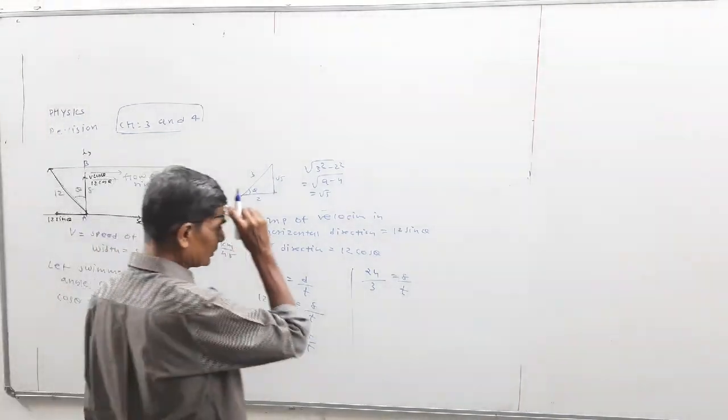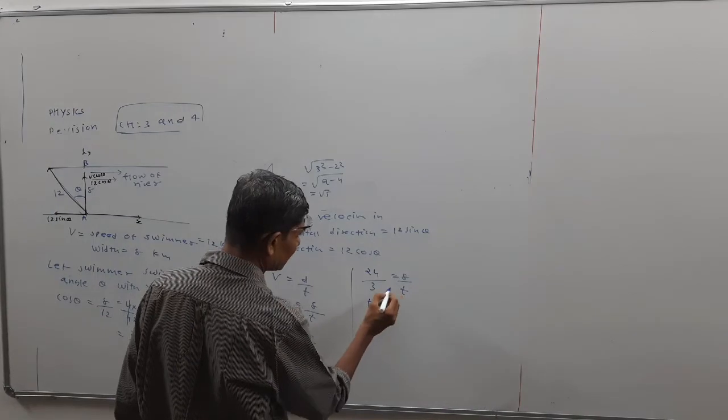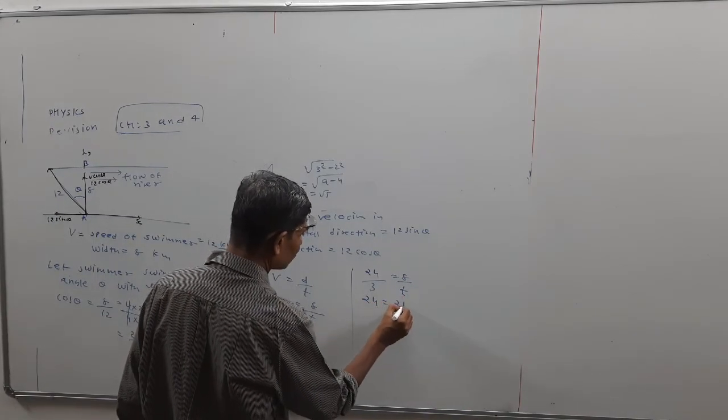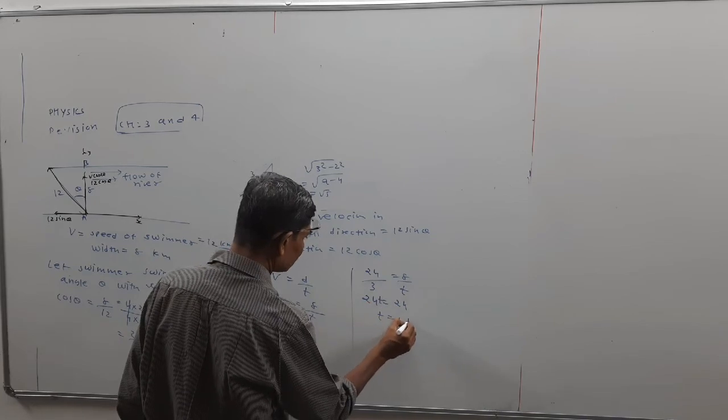So 24 upon 3 times t is 8, and t will be 1 hour.